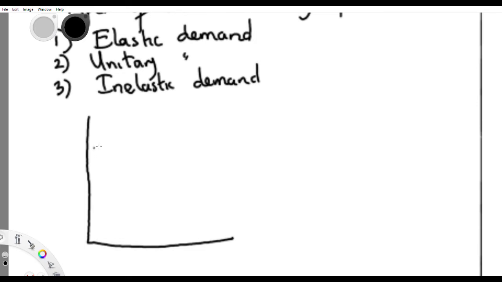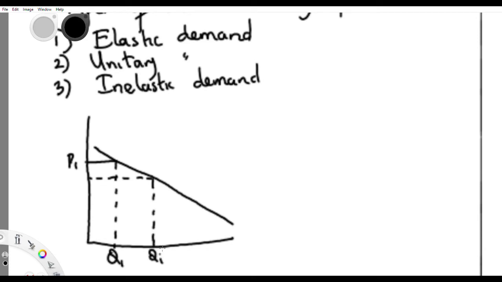A very good example is a slope that is gentle, not steep. So this is price 1. Now let me trace it down. This is quantity 1. Now this is price 2, and this is quantity 2.